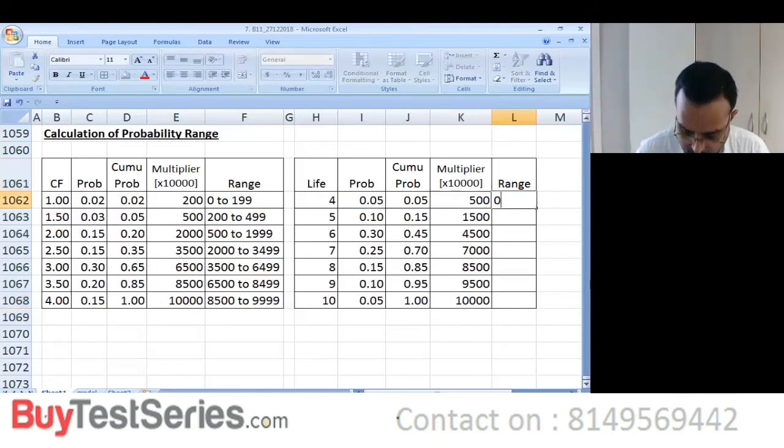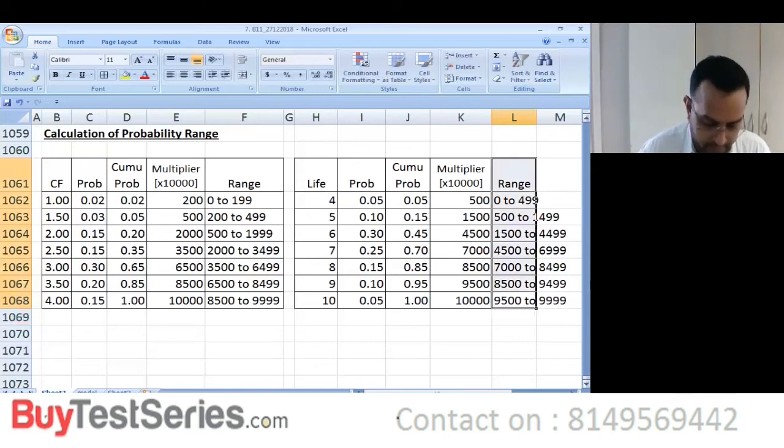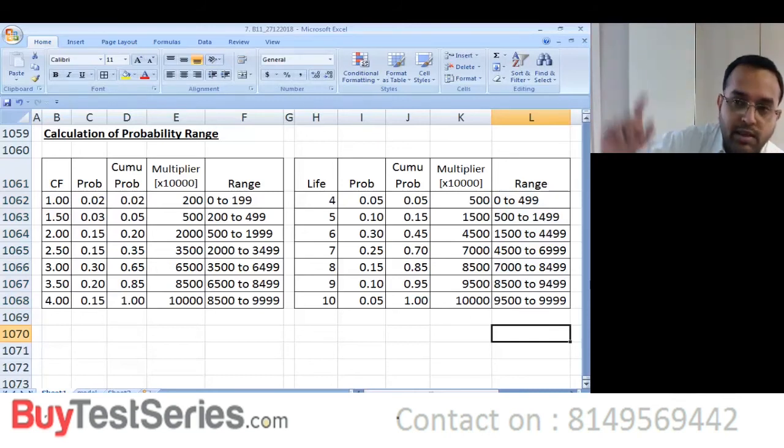And the ranges are 0 to 499, 500 to 1,499, 1,500 to 4,499, 4,500 to 6,999, 7,000 to 8,499, 8,500 to 9,499, and 9,500 to 9,999.